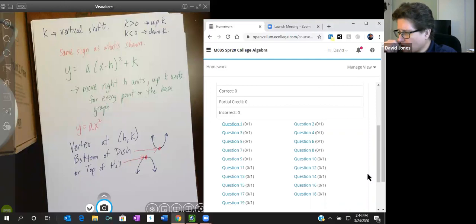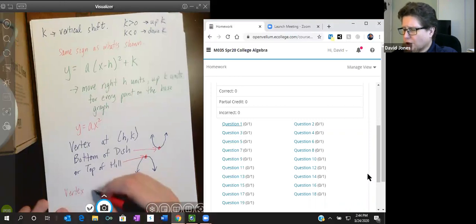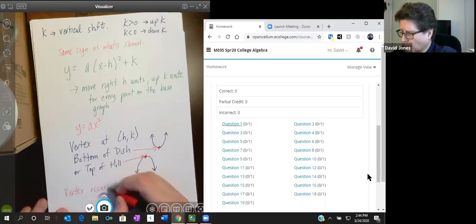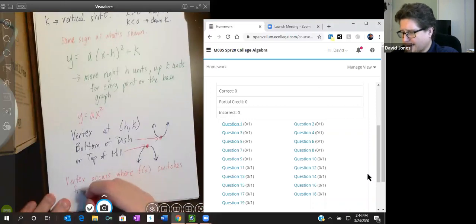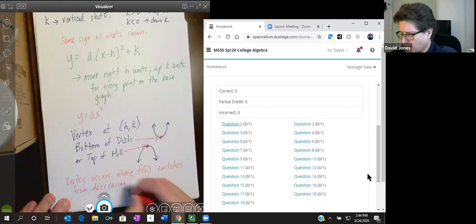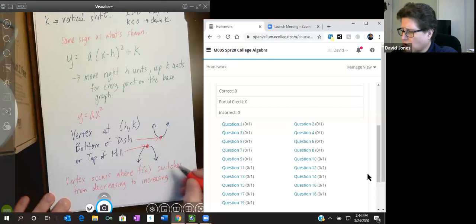And the reason why the vertex occurs where f of x switches from decreasing to increasing, or increasing to decreasing.